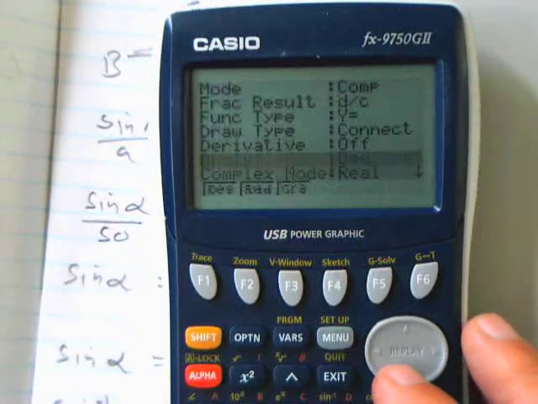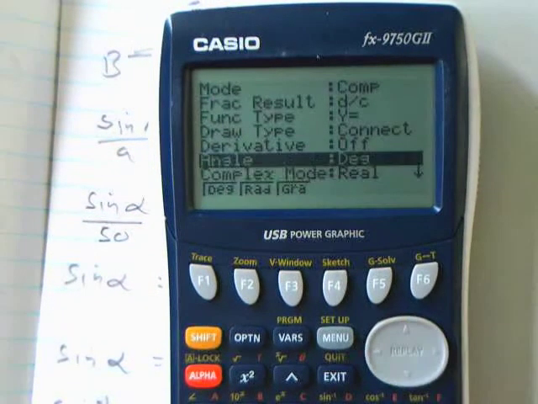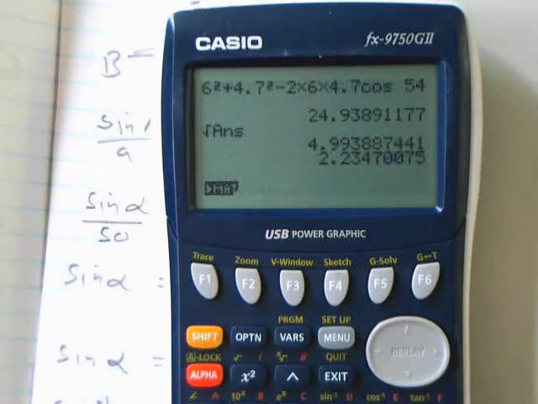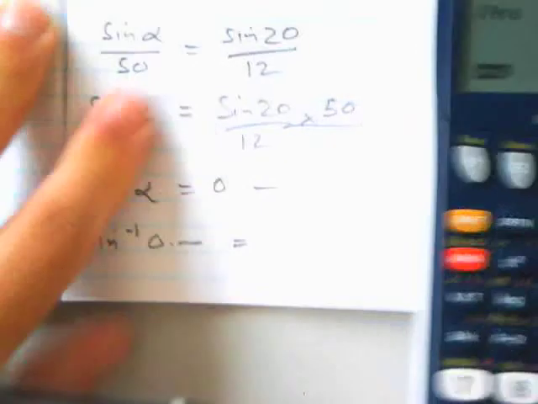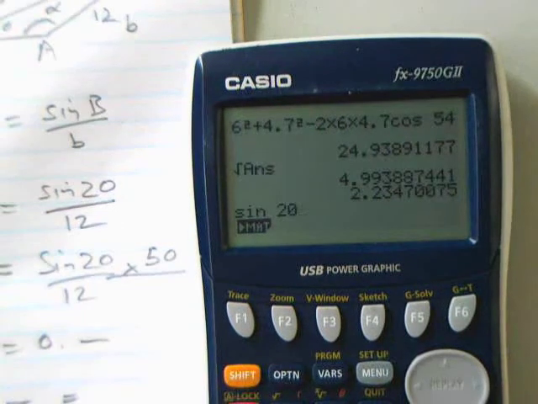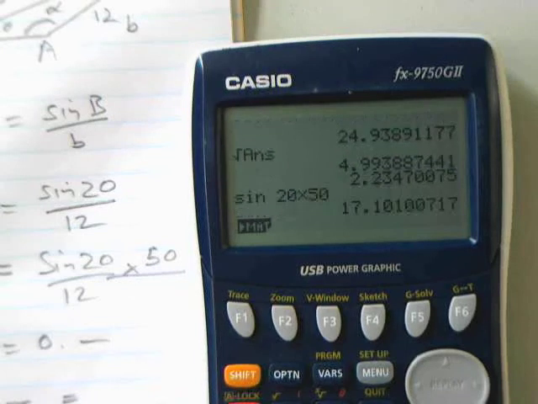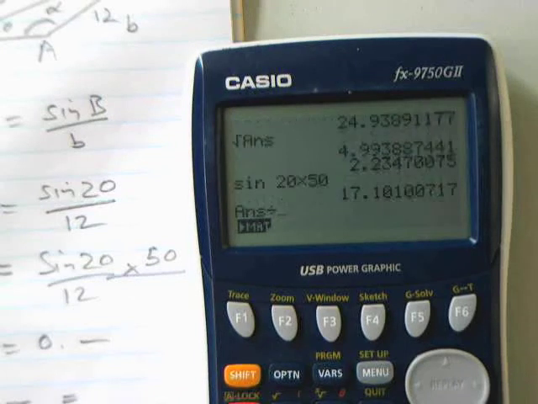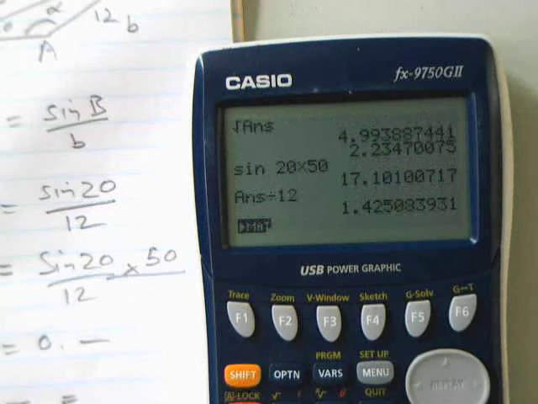There it is, degrees. That's all good. So I'm going to type in all my numbers: sine 20 times 50, divided by 12, and I'm suspicious because I've got 1 point something or other.